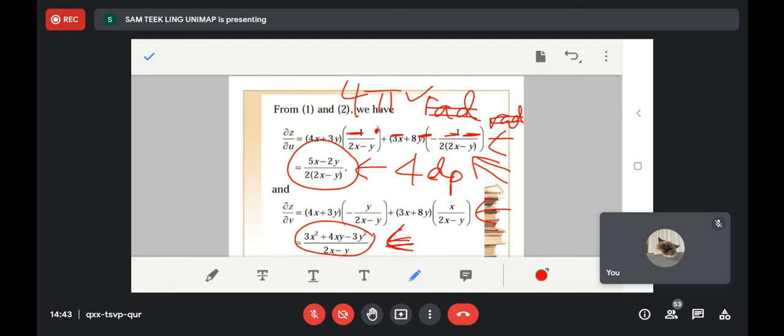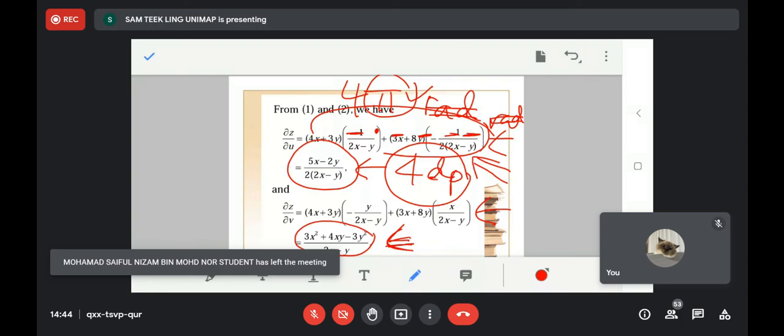You can use more than 4 decimal places, but at least 4 decimal places. So for safety, 4 decimal places. Because for your quiz 1, you will get radian, pi, then your end answer must be in decimal places. When you calculate, they will be in 4 pi. So when you give your final answer, it is 4 decimal places and your pi is in radian.